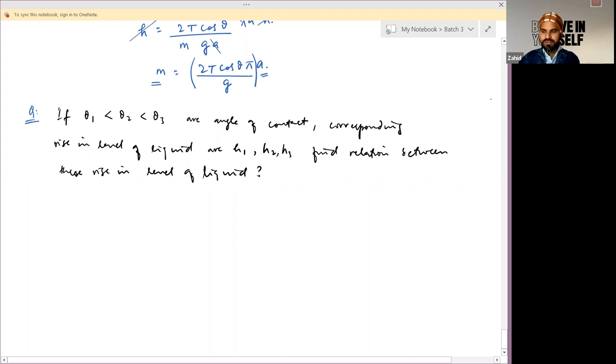It means you have to define how H1, H2, H3 are related with one another.